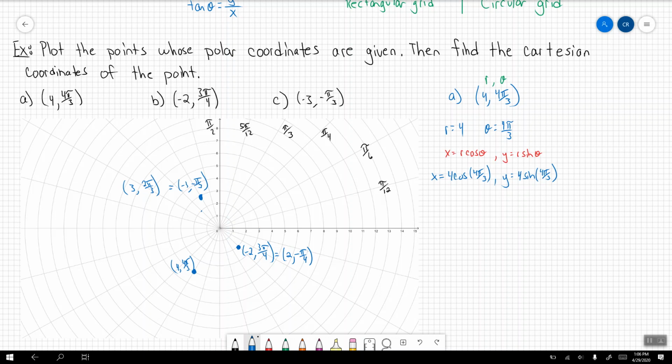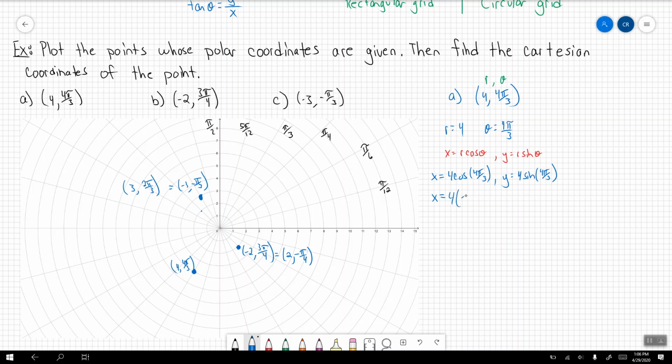So we're going to go through it, and we're going to have my x coordinate here. So 4 pi thirds, you can think of pi thirds. Pi thirds is really 60 degrees. Cosine of 60 degrees should be 1/2, but 4 pi thirds is in quadrant 3, and cosine is negative in quadrant 3.